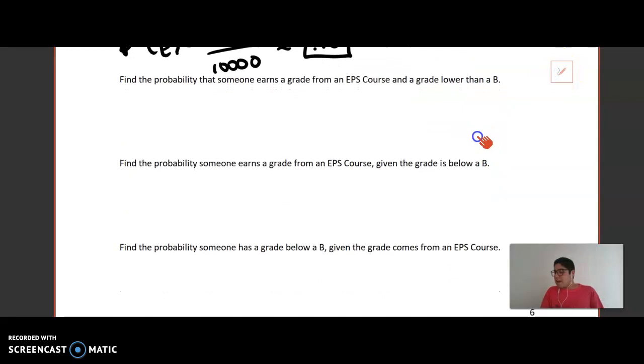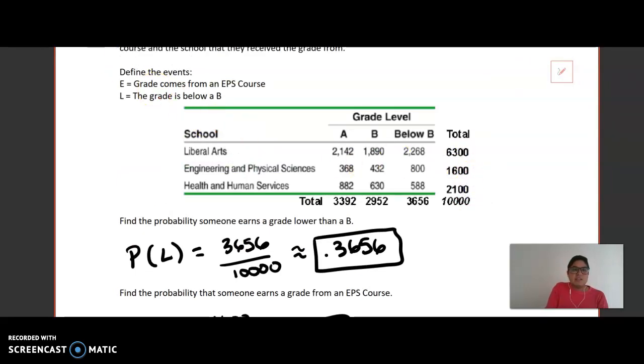So now let's add in those conditionals. Now we're just zooming in. So this first one here says, find the probability someone earns a grade from an EPS course and a grade lower than a B. Sorry, I thought this one was conditional probability. Got too excited here. So they earn a grade from an EPS course and that grade is lower than a B. Going back to my table here. So let's look.